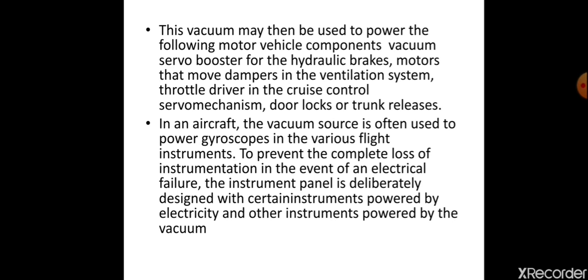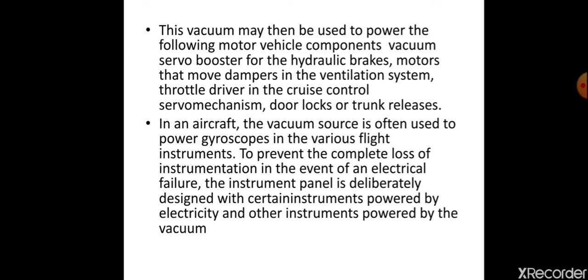This vacuum may then be used to power the following motor vehicle components: vacuum servo booster for the hydraulic brakes, motors that move dampers in the ventilation system, throttle driver in the cruise control, servo mechanism, door locks, or trunk releases.